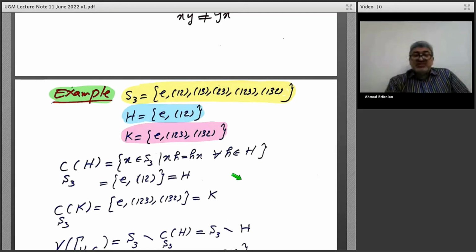The first condition is that X and Y do not commute, and one of X or Y must be in H. Now let me give an example.